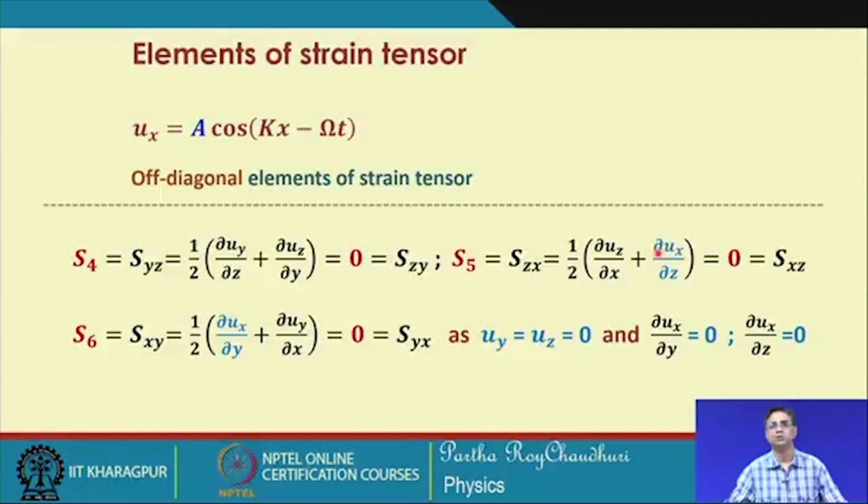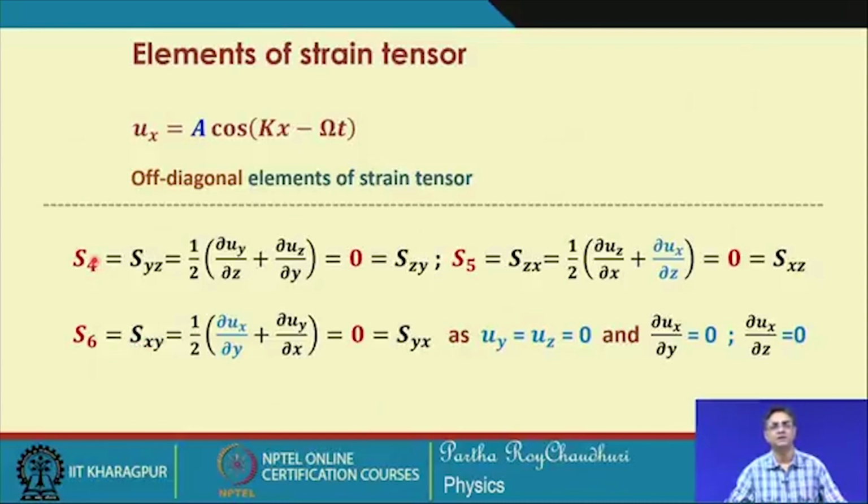So this quantity is also 0; u x along z has no change. Therefore this is also equal to 0. And for u x along y there is again no change, because any change in u x is along the x axis. So this quantity is 0, and u y itself is 0. Therefore, put together, this quantity is also equal to 0. Therefore S yx or S xy are also 0.